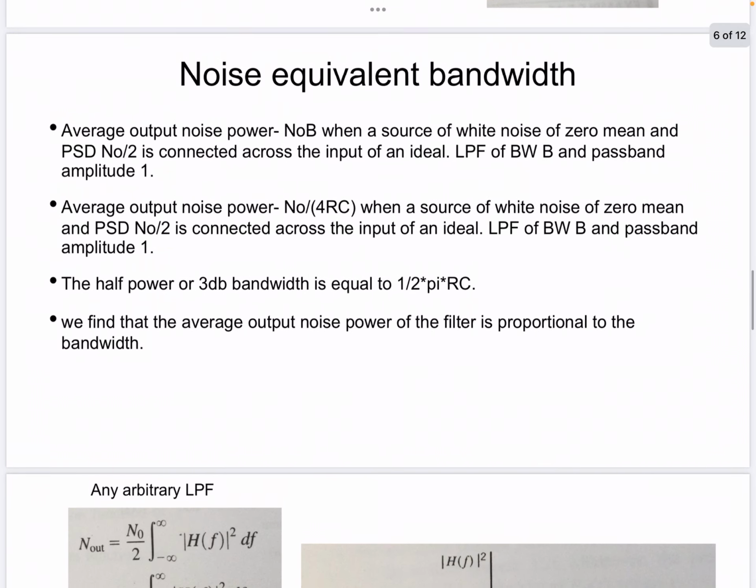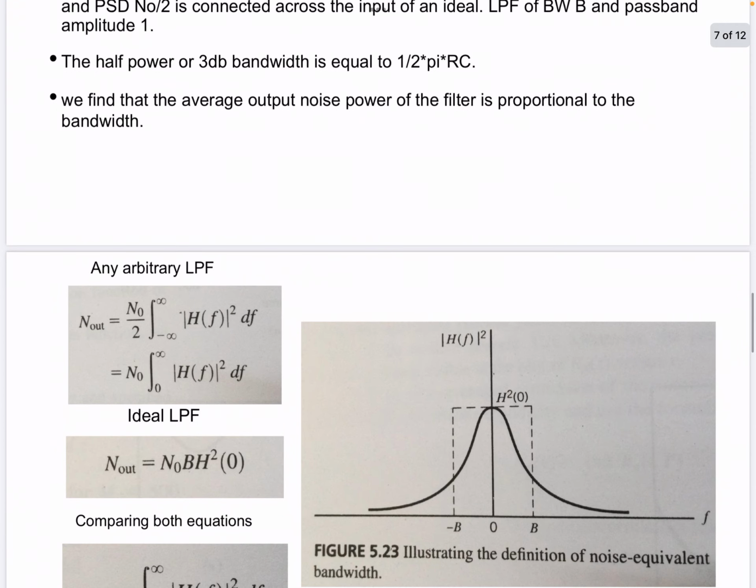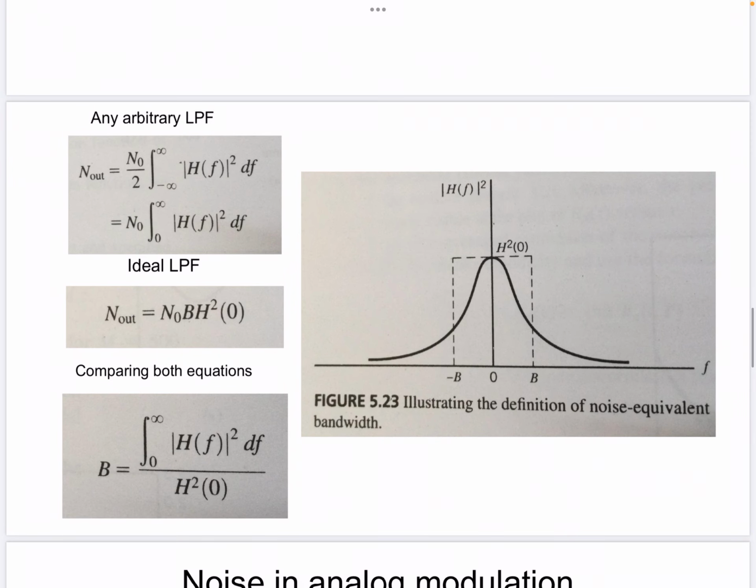Then we understood what we mean by noise equivalent bandwidth for both an arbitrary low pass filter and an ideal low pass filter. By comparing these two equations, we can find the noise equivalent bandwidth. This much we have covered in this video. In the coming video, we will be speaking about the figures of merit of different modulation techniques.